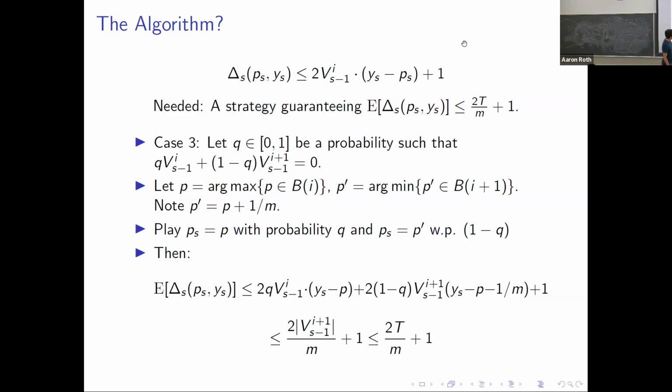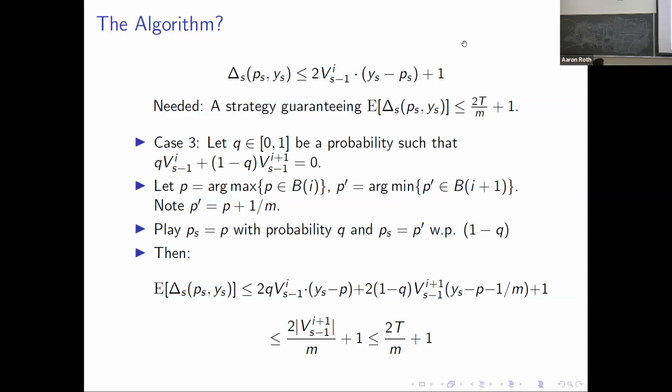But here I am averaging between something times Q times VI plus 1 minus Q times VI plus 1, and I know that Q times VI plus 1 minus Q times VI plus 1, that's 0. So the bulk of this expression cancels out.